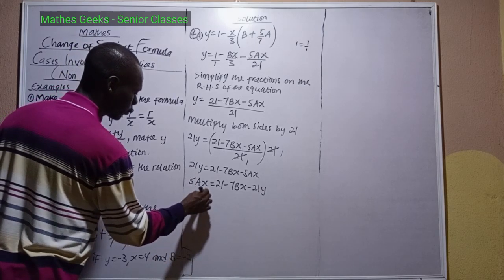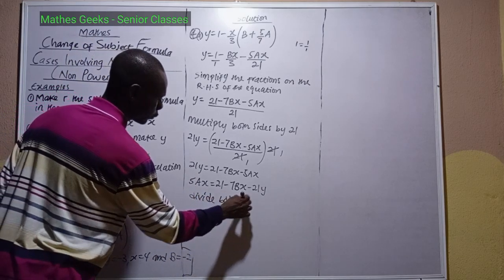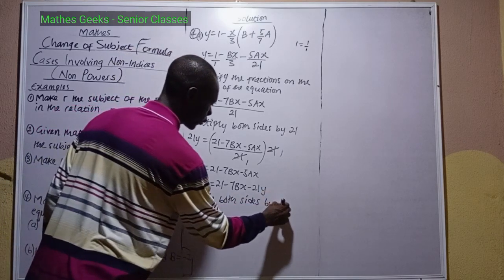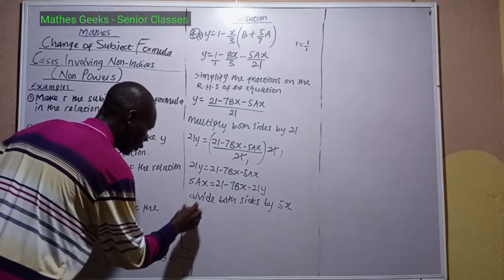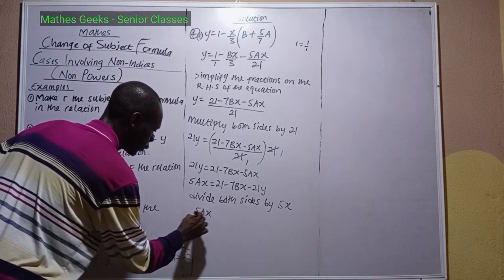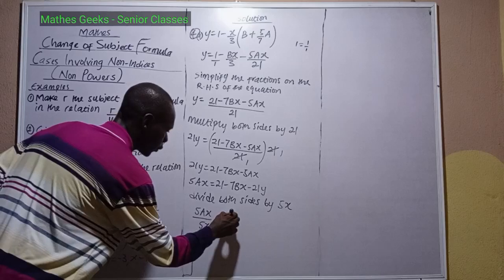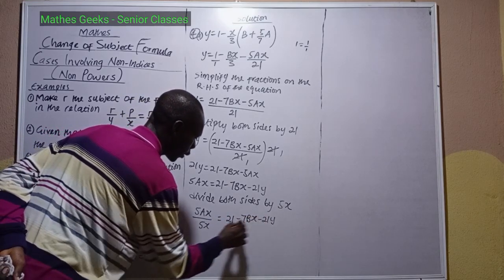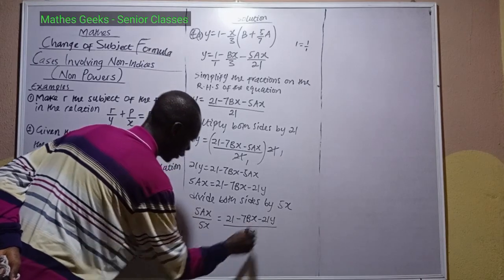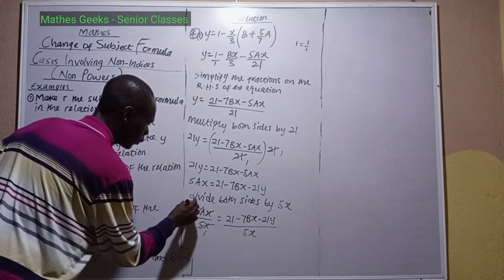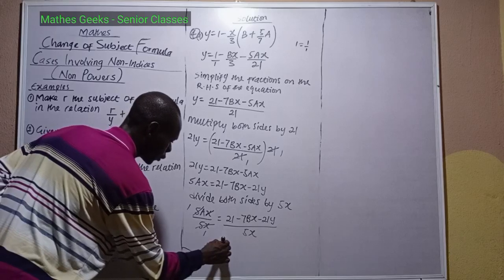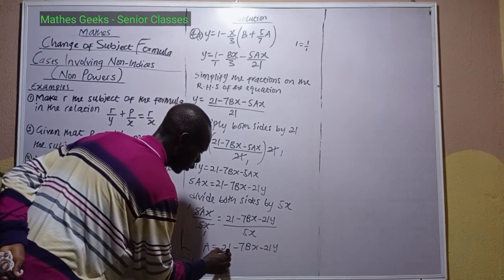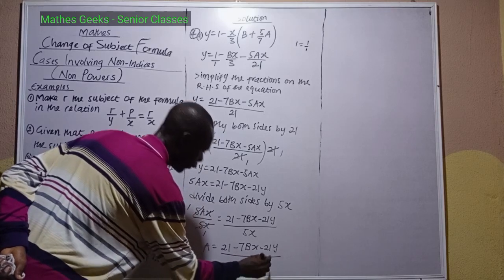So divide both sides by 5X, and that will give us 5AX over 5X equals 21 minus 7BX minus 21Y over 5X. This gives us 1, so A equals 21 minus 7BX minus 21Y over 5X.